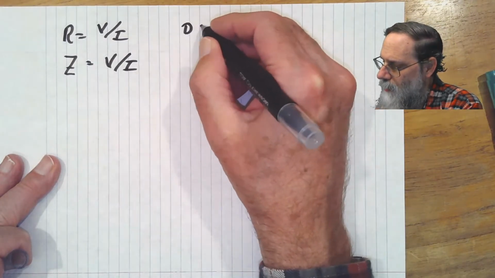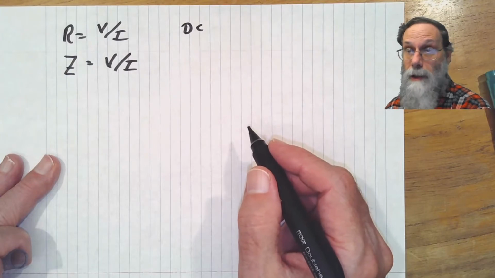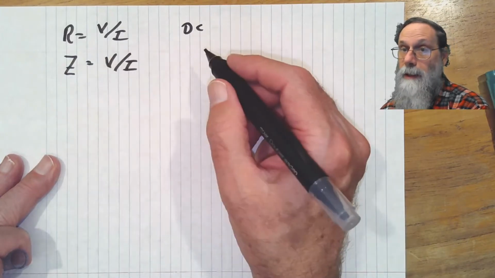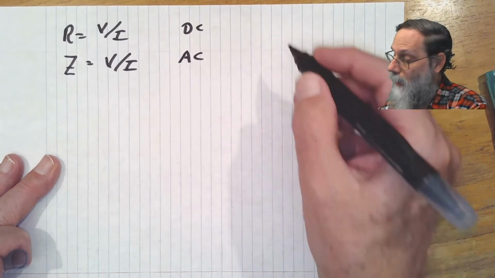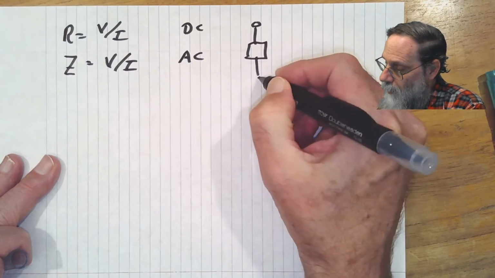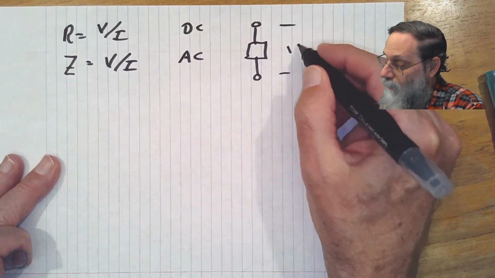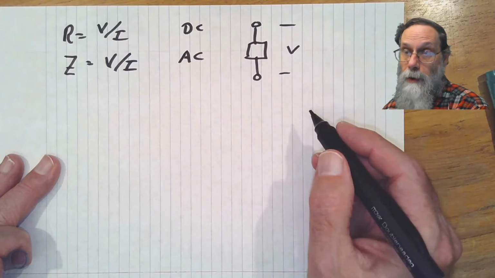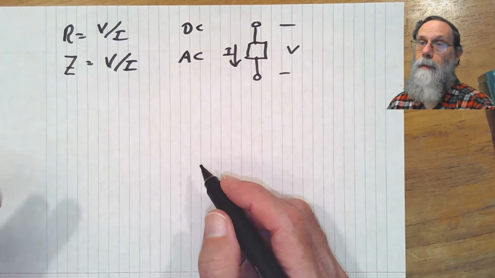For resistance, that really only made sense when we were looking at DC voltages and DC currents. Impedance is for AC voltages and currents. And in both cases, I'm talking about a single component which has two ports, and we're looking at the voltage across the component and the current through the component.